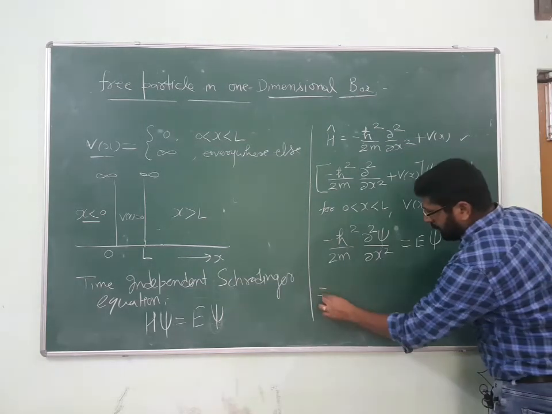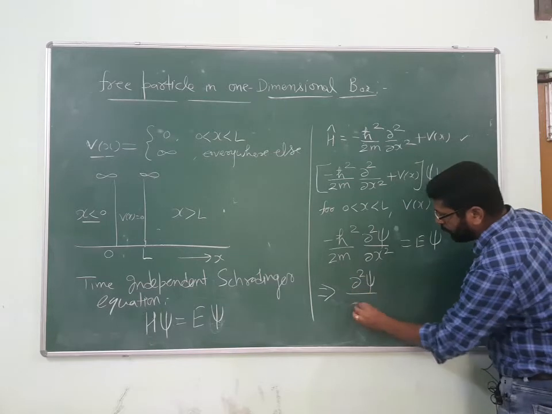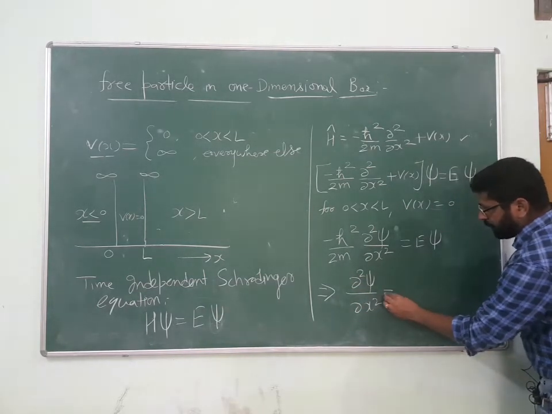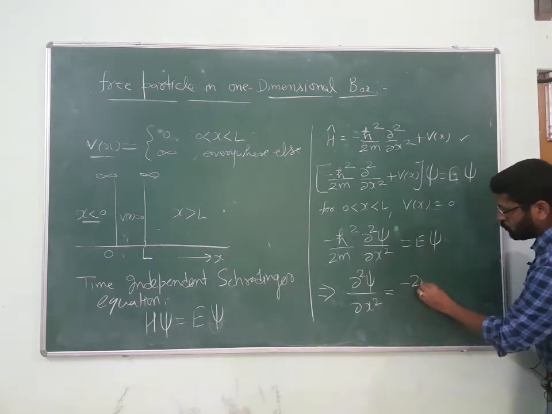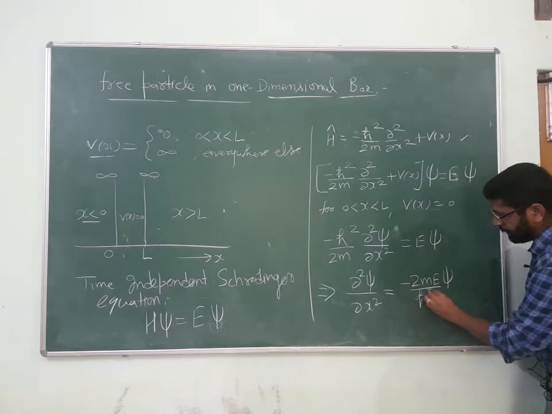Further rearrange this equation. What we will get? This will become ∂²ψ over ∂x² equals minus 2mEψ over h cross square.